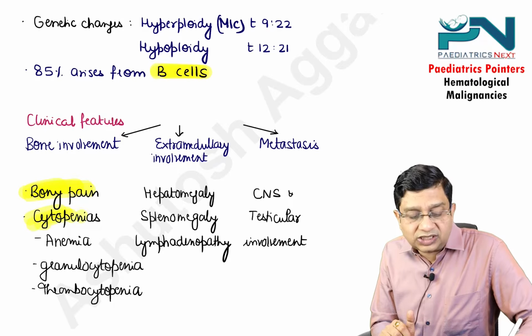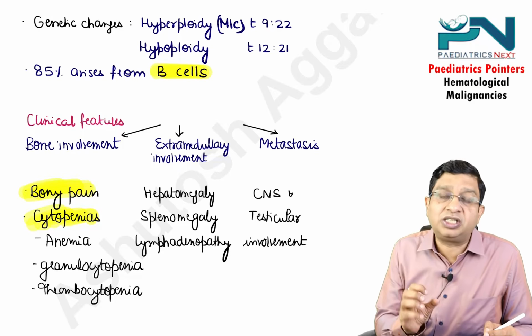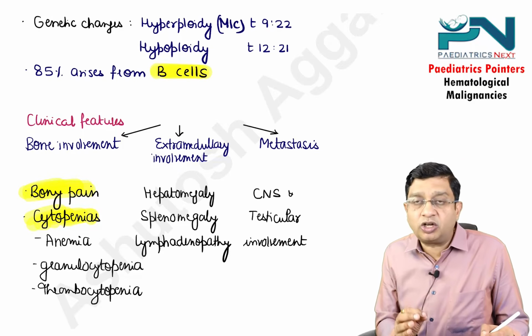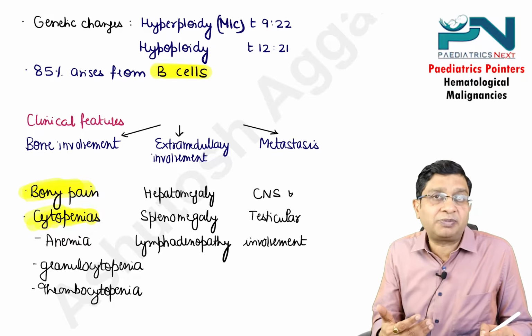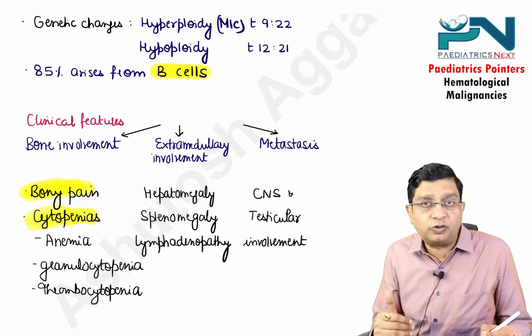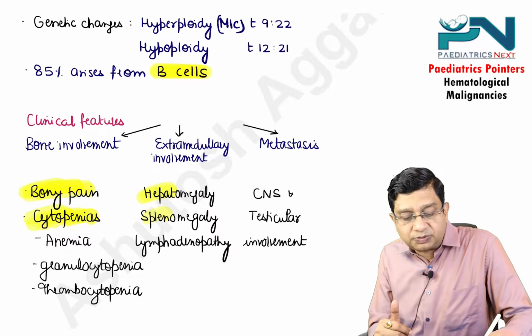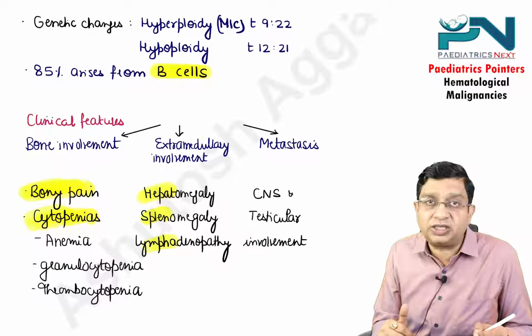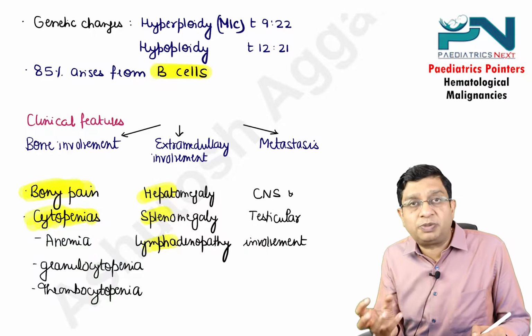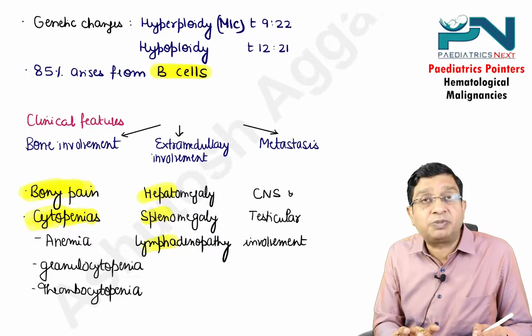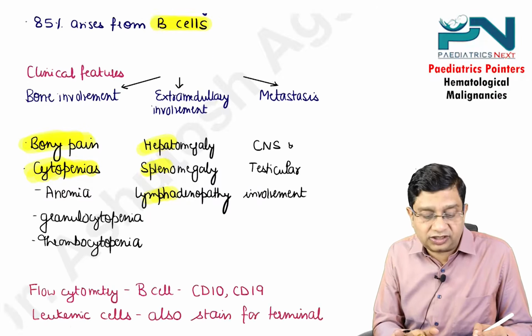So bony pain and cytopenias can be seen here. Extramedullary involvement: the leukemic cells can multiply in the liver, spleen and lymph nodes, causing hepatomegaly, splenomegaly and lymphadenopathy. Metastasis can be to the brain and the testis, so CNS plus testicular involvement is there.